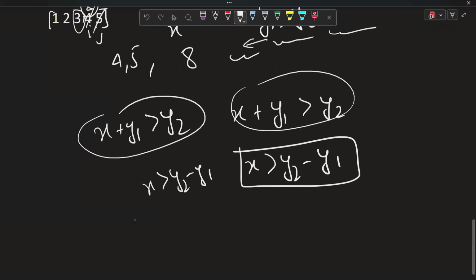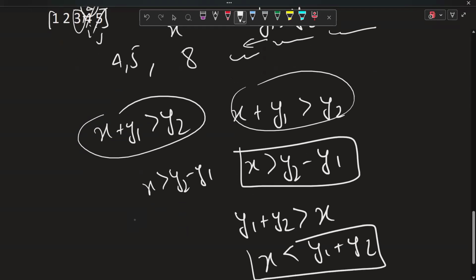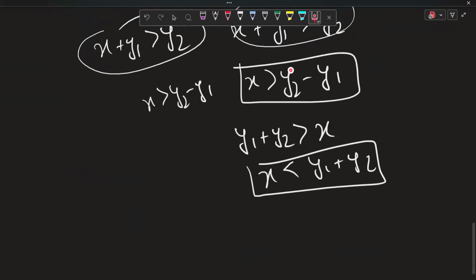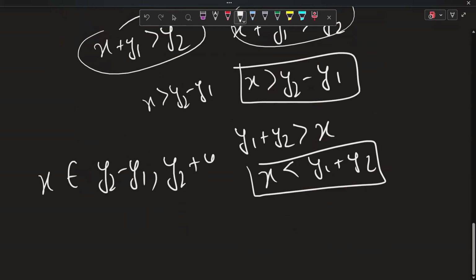So if I have x greater than y2, it should satisfy that y1 plus y2 should be greater than x. That means x should be less than y1 plus y2. So if you merge these two, the range of x that we get is from the difference of the two values to the sum of the two values, excluding them.